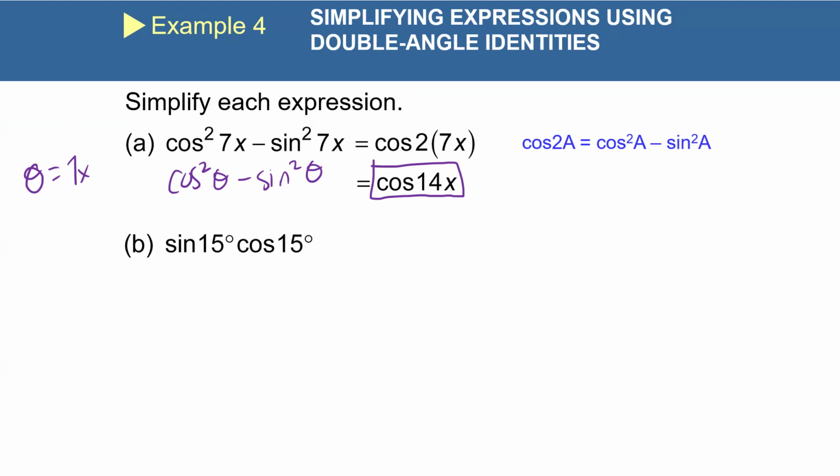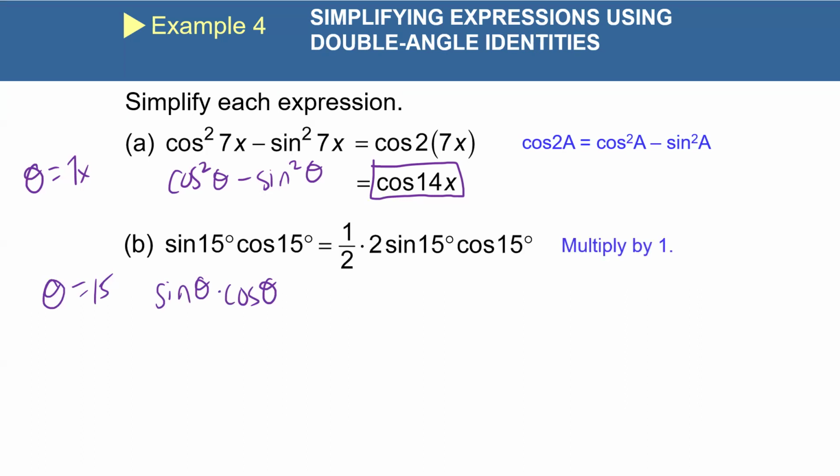Okay, on B, this time our theta is 15. So we're thinking about any identity that says sine of theta times cosine of theta. It would still be which one? It would be which double angle? The sine one, right? So it would be your sine one, but manipulated.